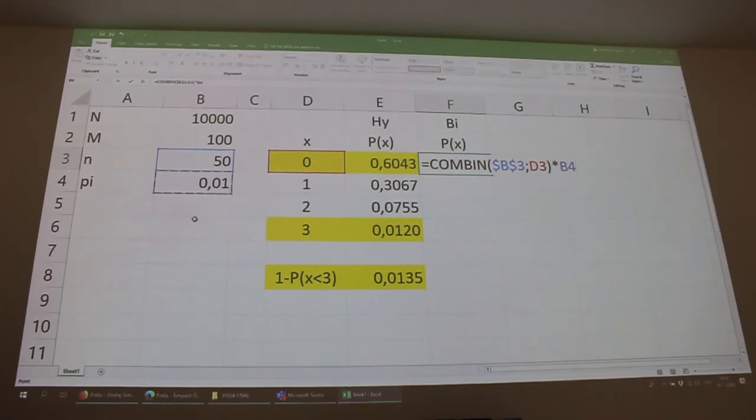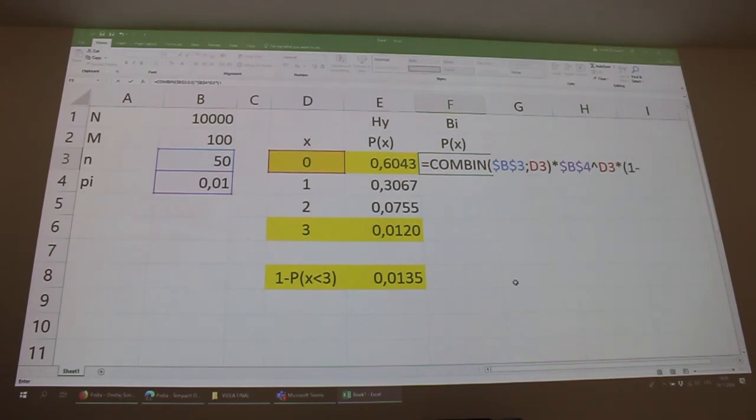This is a parameter, so you must use the function for it, and the power function, powered by x. X is the variable. Times, and in parentheses we have 1 minus p, so the result is 0.99.